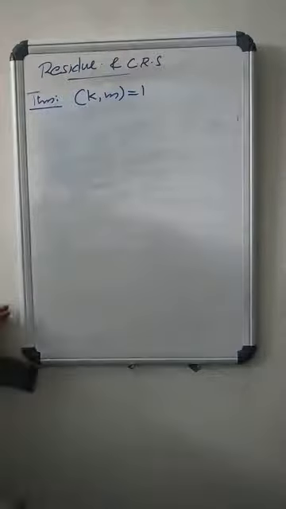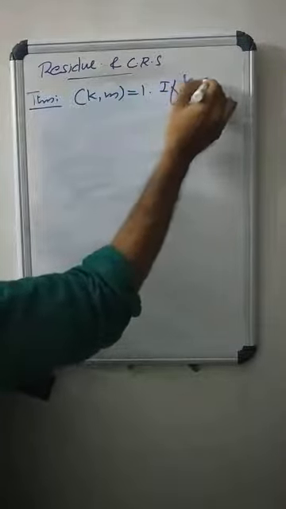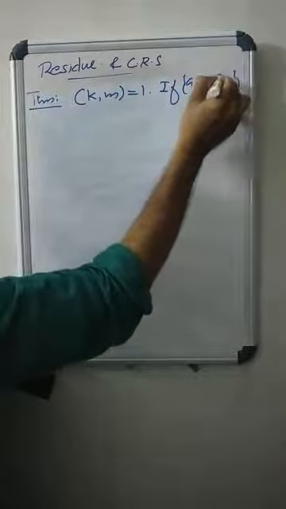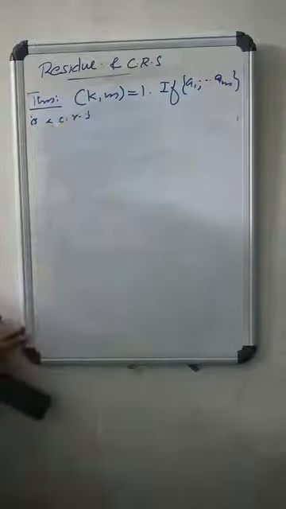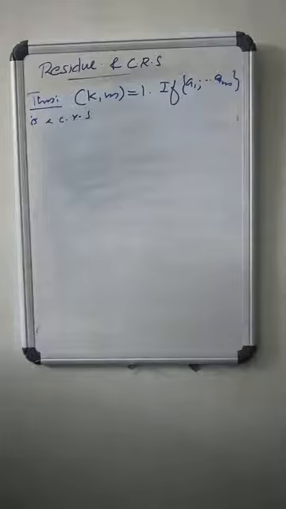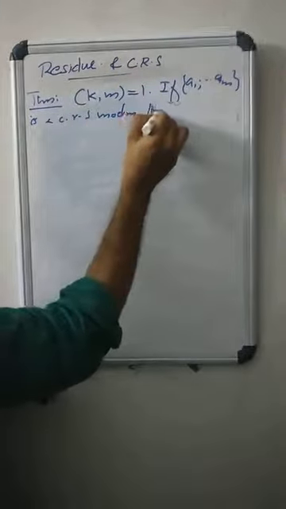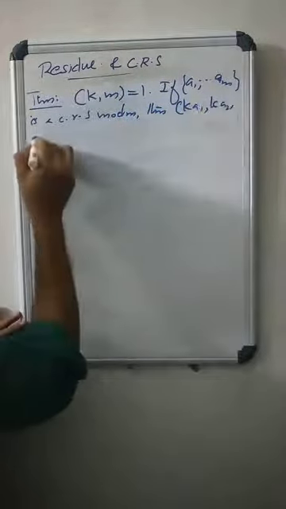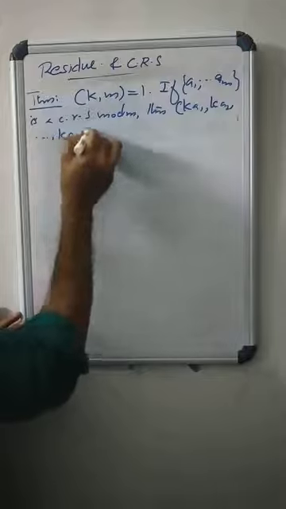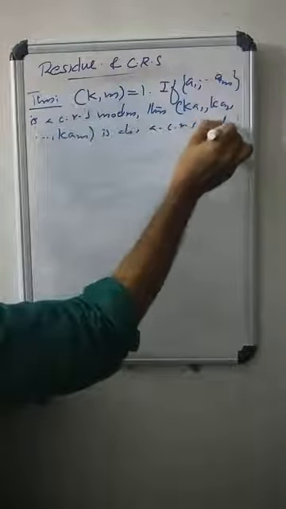If the set of all a1, etc. am is a complete residue system mod m, then their multiples, that is ka1, ka2, etc. kam, is also a complete residue system mod m.